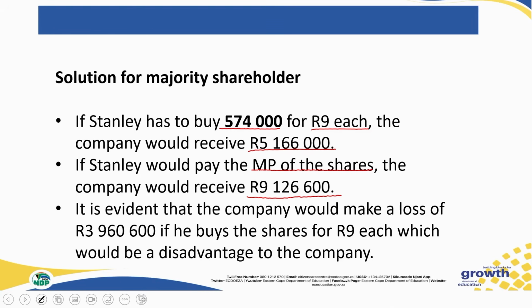If Stanley would pay the market price of the shares, which is 10 Rand 50, the company would get 9,126,600. Therefore, the company would make a loss of 3,960,600 if Stanley would buy them at 9 Rand. So this means that this would disadvantage the company.